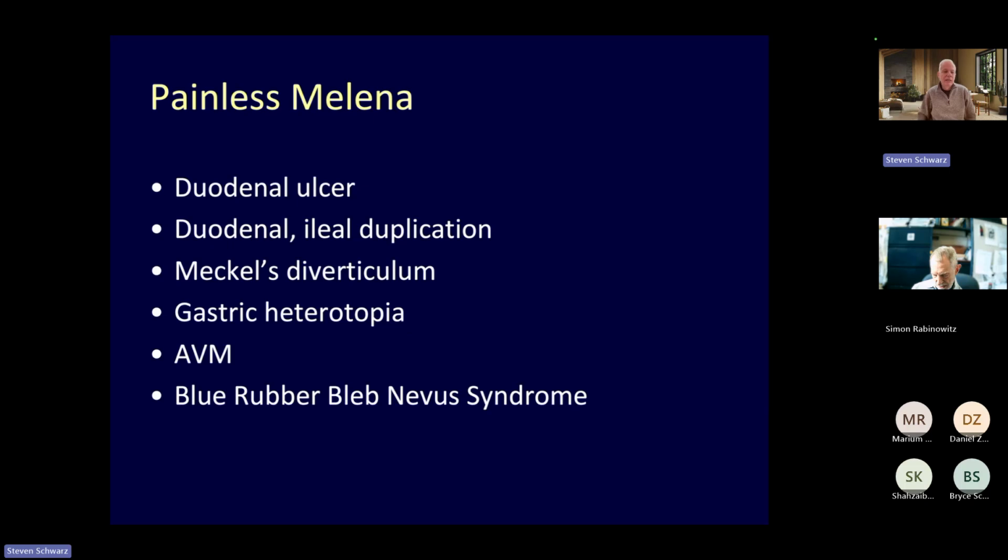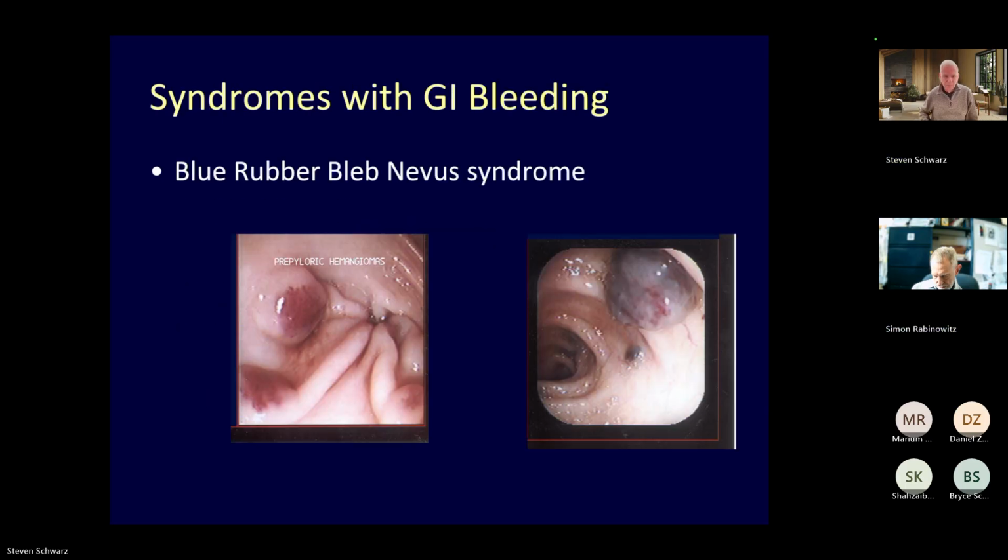Painless melena, again, ulcer disease can be painless or with pain. Duplications, Meckel's, if it's bleeding slow enough, can present with melena. And anything that involves either a duplication or an AVM. Would polyps present with melena, painless bleeding, or will all? It depends where the polyp is.